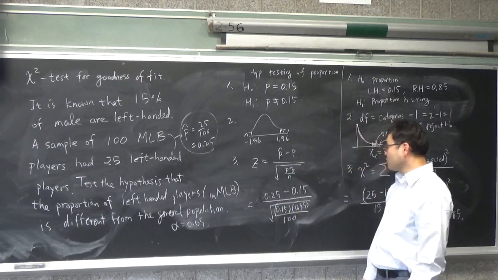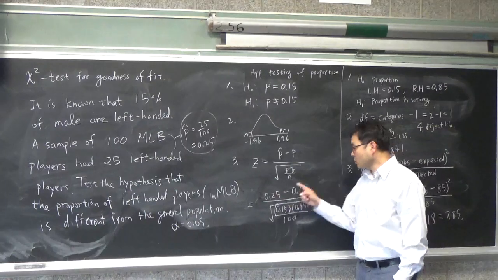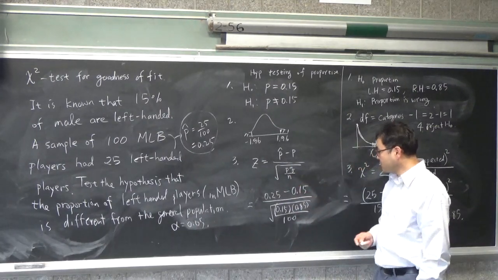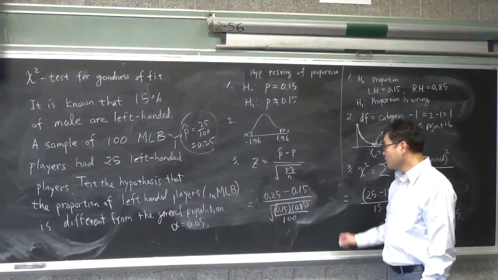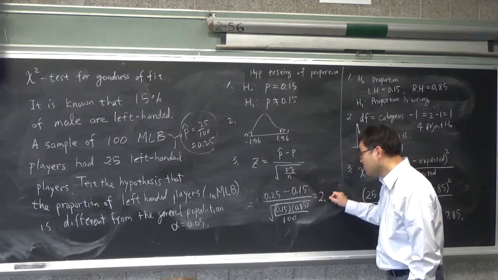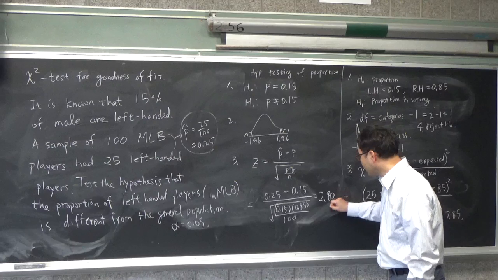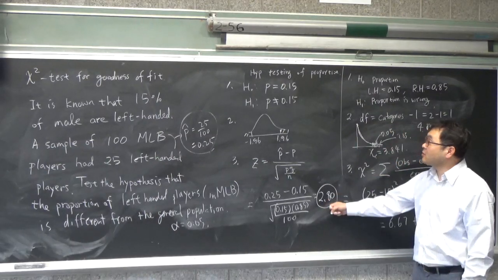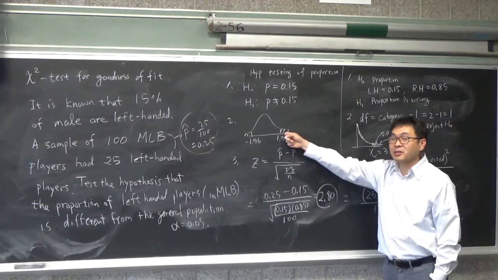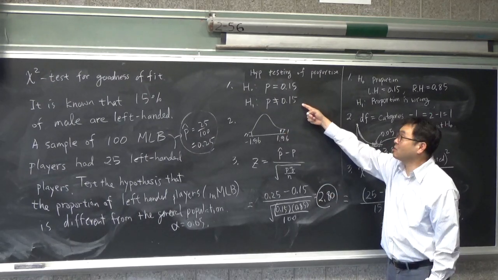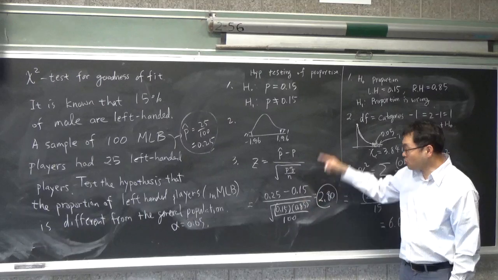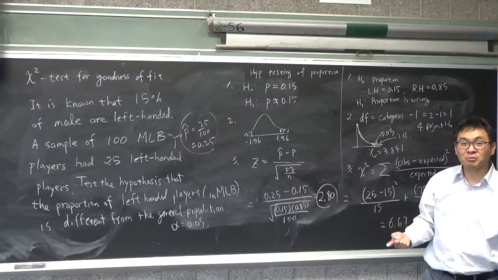Can somebody do this for me? That's 2.80. So again, 2.8 is in the rejection region, so you get the same result. We reject the null, and using this method, you've shown the same.